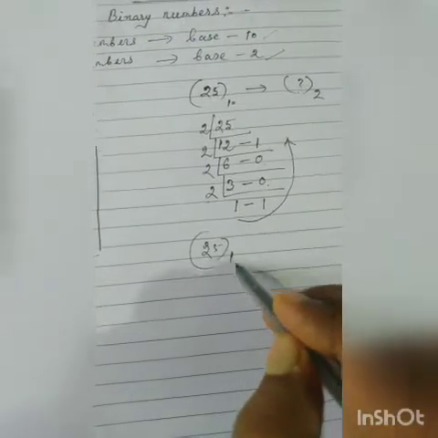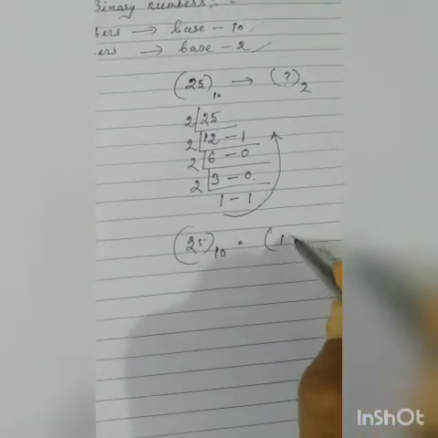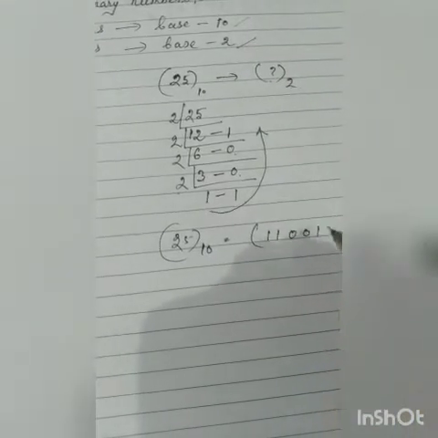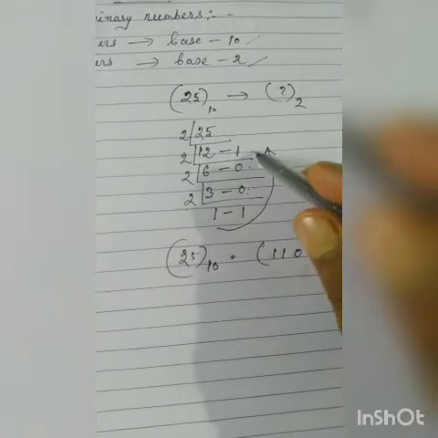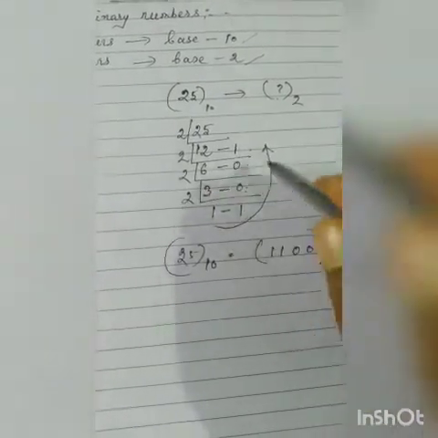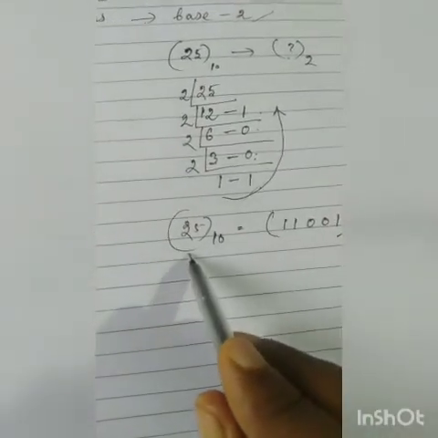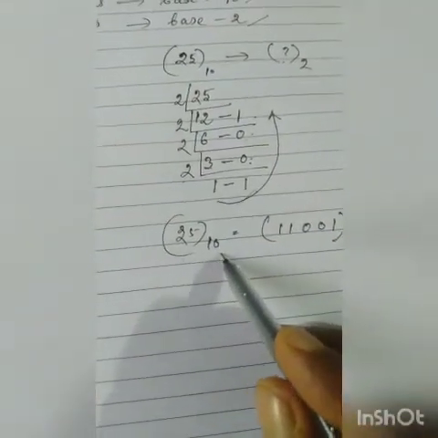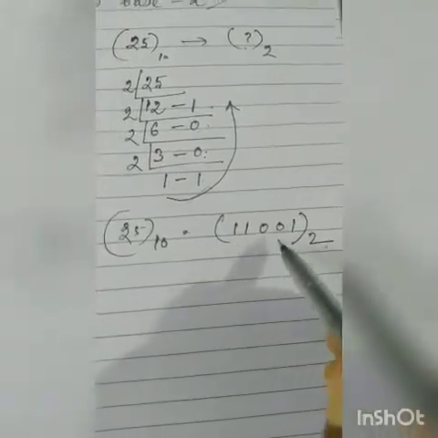So the decimal number 25, the answer will be 11001. Understand? This is the binary number. So when we convert the decimal number 25 into binary, the answer will come like this, 11001.